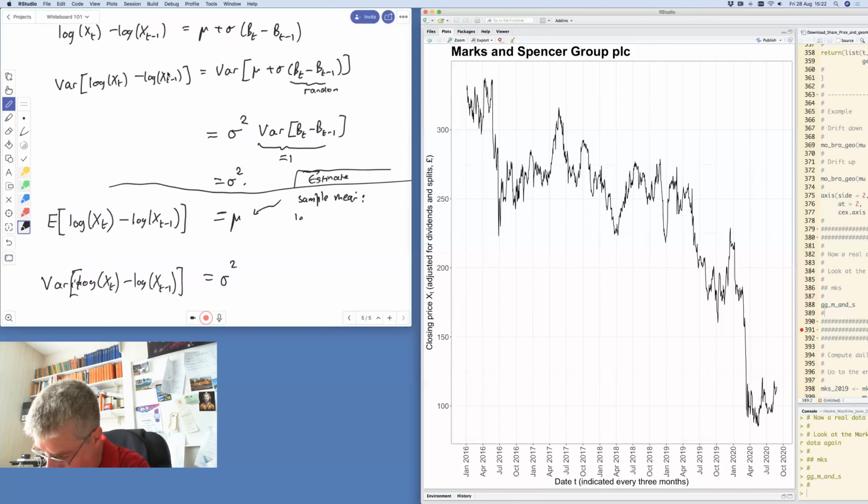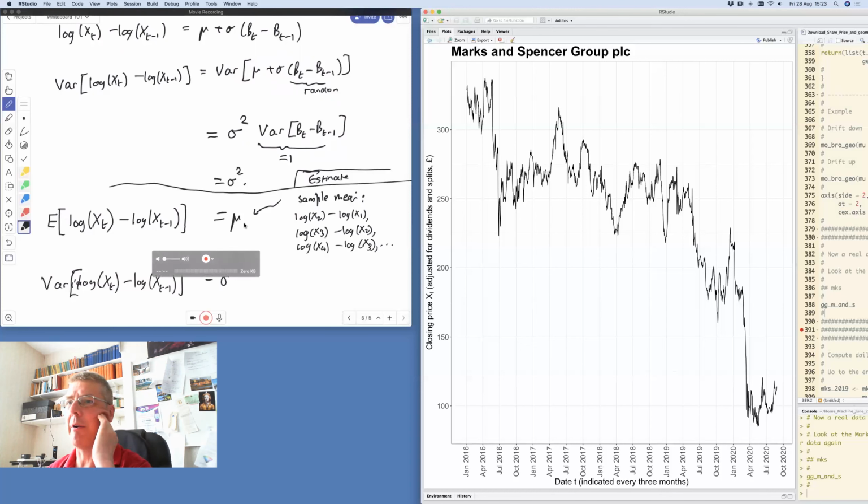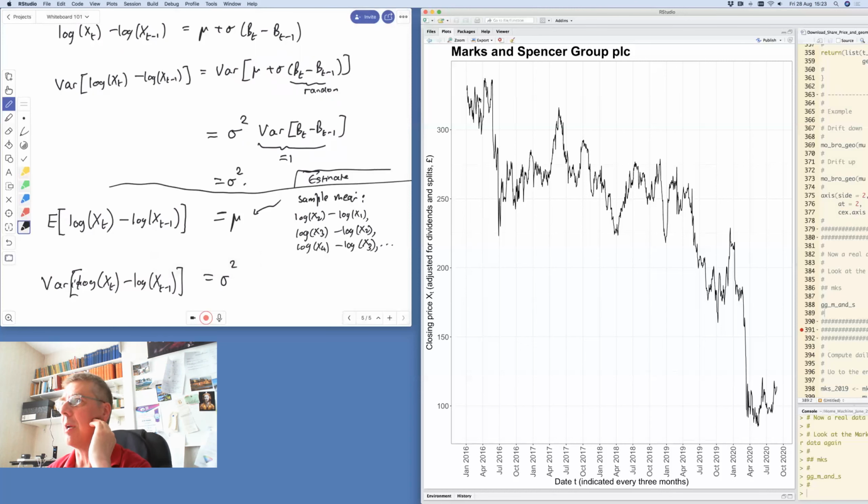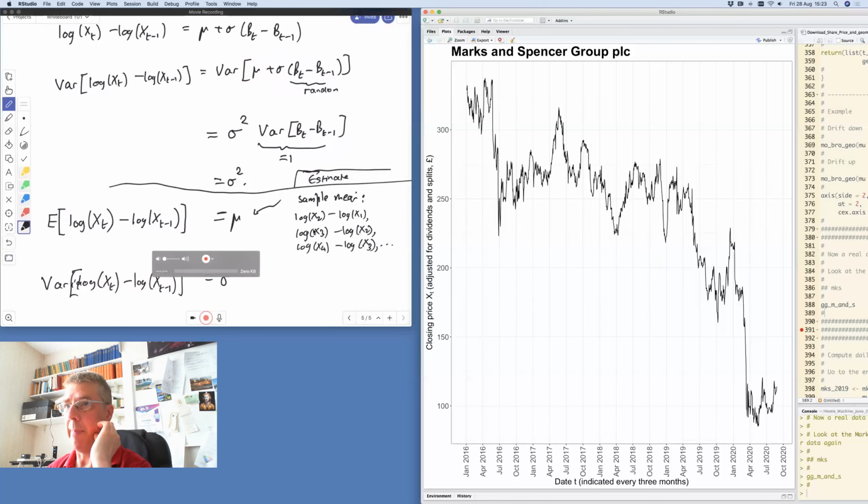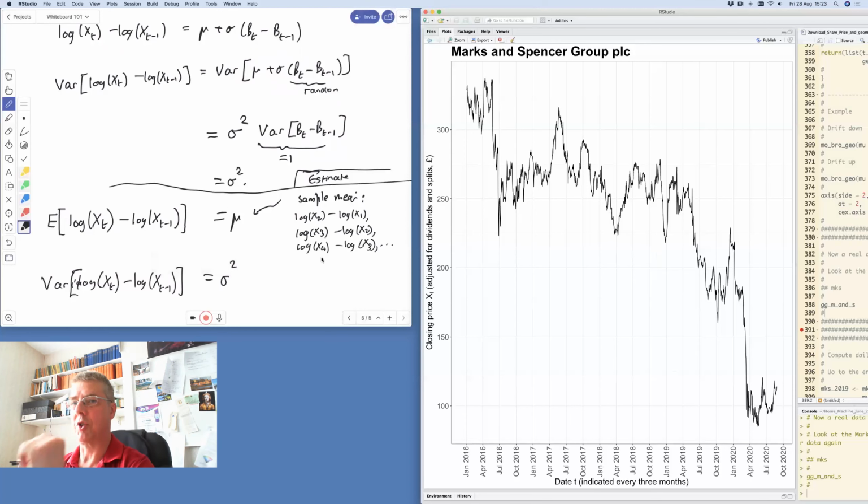So they would be log x2 minus log x1, log x3 minus log x2, log x4 minus log x3, and so on. So we can estimate the value of mu corresponding to the geometric Brownian motion that models this time series here by the sample mean of those quantities, the differences of the logs.